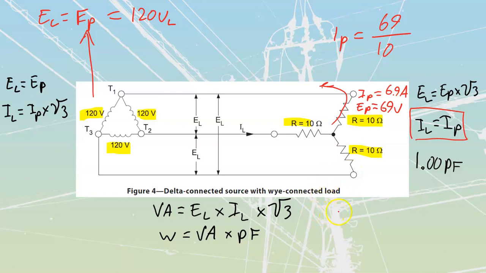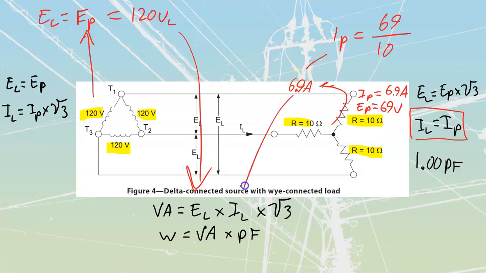We can now redo this formula down here with actual numbers. We've got a line value of voltage, 120 volts, and a line value of current, 6.9 amps.